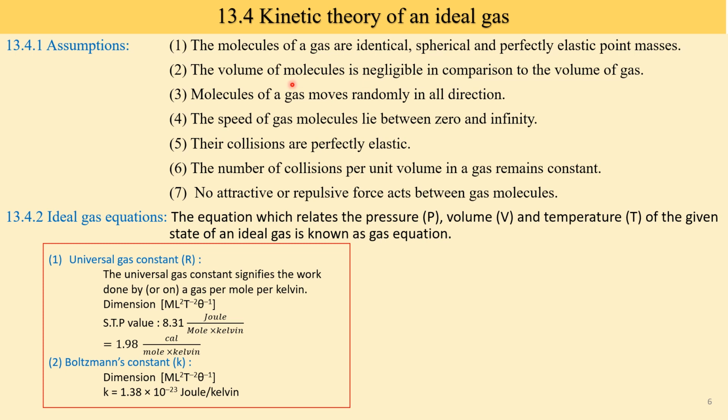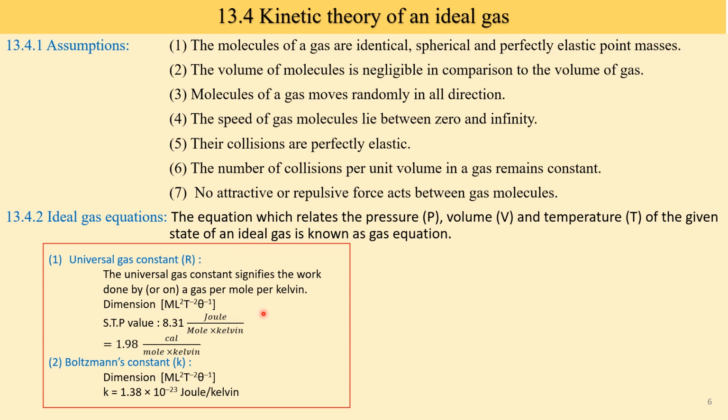The first is the universal gas constant, capital R. The universal gas constant signifies the work done by or on a gas per mole per Kelvin. Its dimensions are M L^2 T^-2 θ^-1.